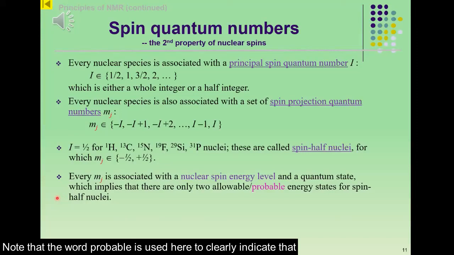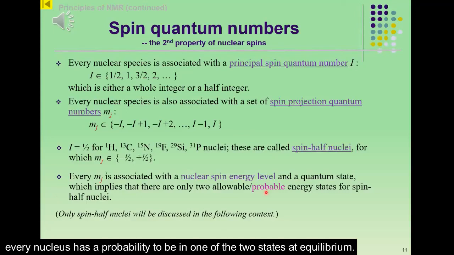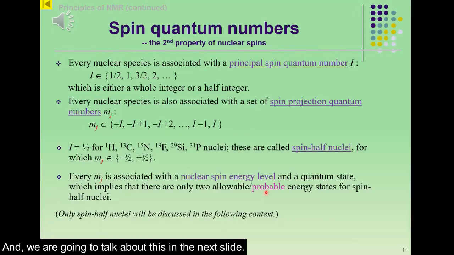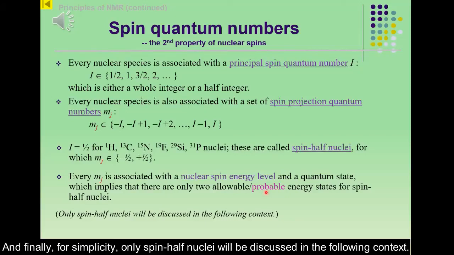Note that the word probable is used here to clearly indicate that every nucleus has a probability to be in one of the 2 states at equilibrium. And we are going to talk about this in the next slide. And finally, for simplicity, only spin half nuclei will be discussed in the following context.